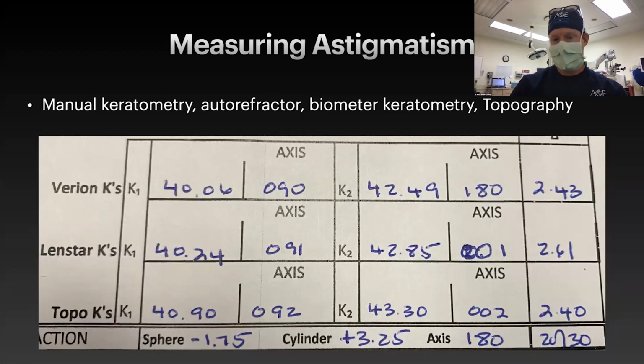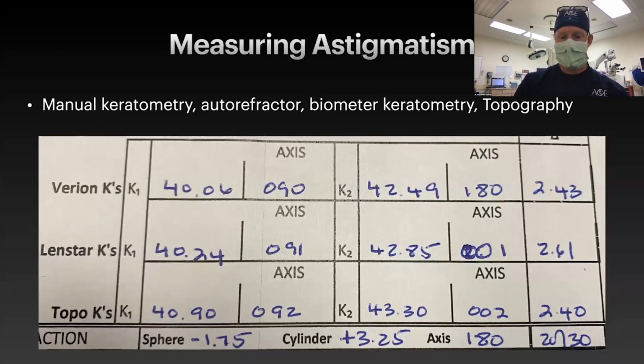I want to make sure that they agree with each other. I want to make sure that they're consistent. If you look all the way at the far right, I can see the magnitude of the astigmatism, and the magnitude of the astigmatism is roughly 2.5 diopters. I'm happy with that. And I can see that the axis is all at 180, 1, and 2. That all lines up. So I feel comfortable putting a toric lens in this patient.